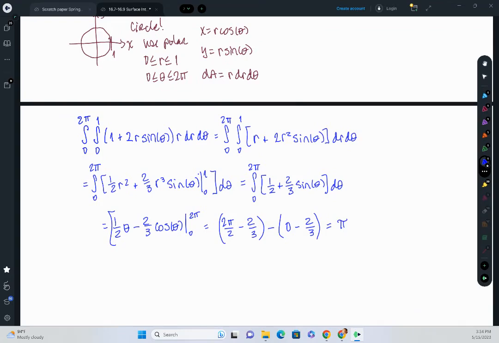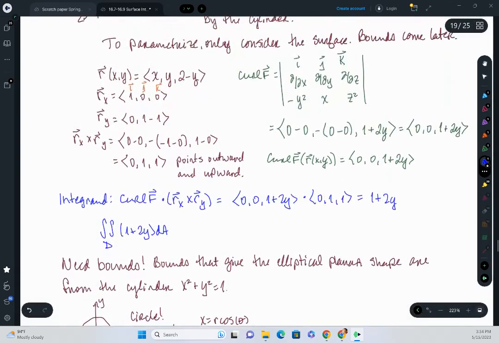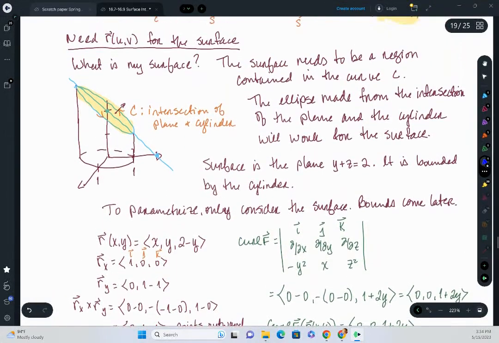Okay, so that's how we handle that one. That was kind of weird because in this particular one, it was questionable as to what the surface was. And you did have options, but you should always try to choose the simplest option. So if you can see that the closed curve C has a surface contained in it, and it's going to make life easier, use it.